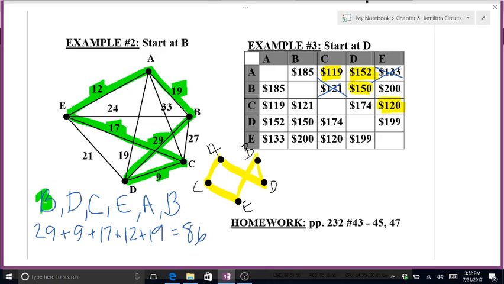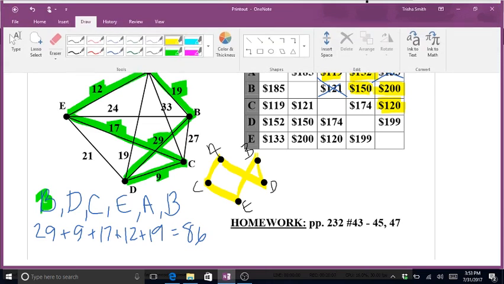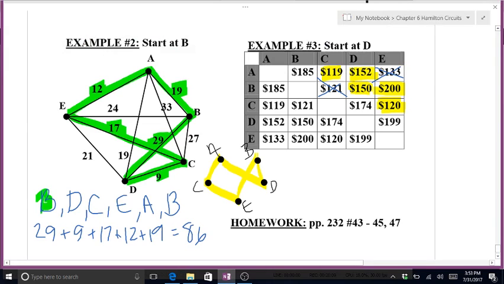So we're E and B. So that's 200. So we want to start at D. So D to A to C to E to B and back to D.